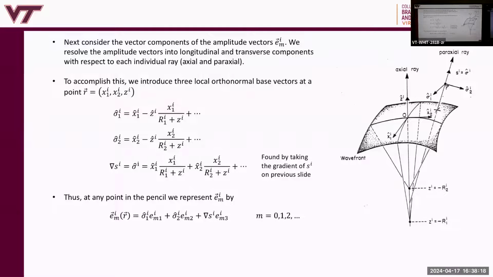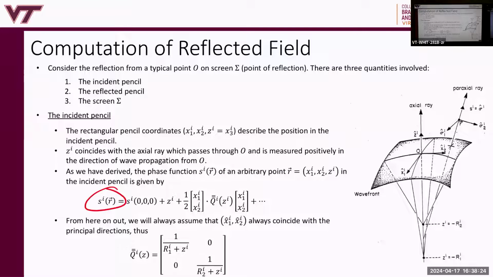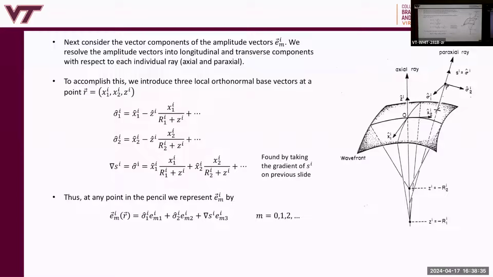Let's consider the vector components of the amplitudes of E_M incident. So first off, what does this equation allow us to do? This allows us to find the phase at some point, not along the axial ray, but still in the pencil. We're going to do the same thing for the amplitudes. Next, consider the vector components of the amplitude vectors E_M.